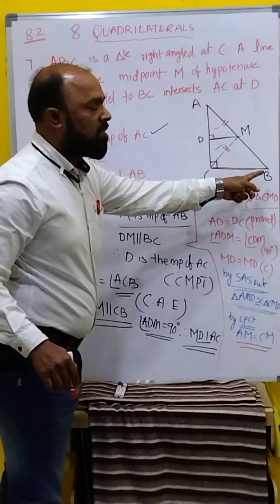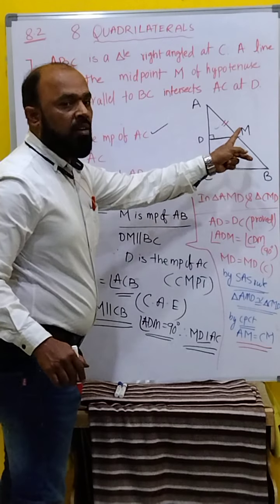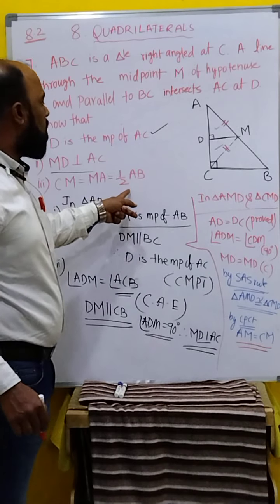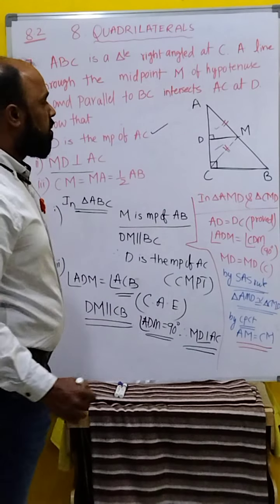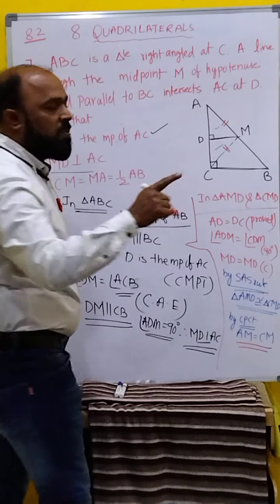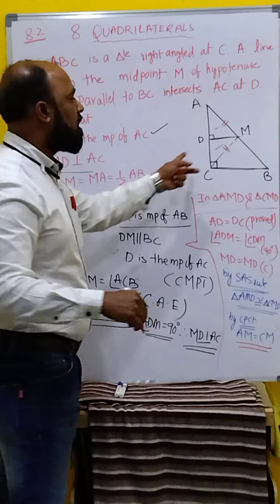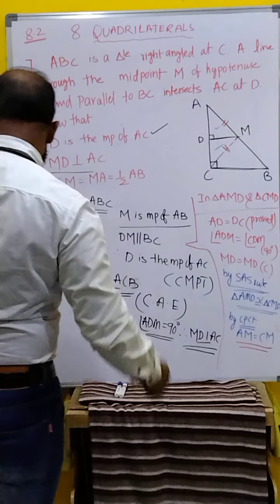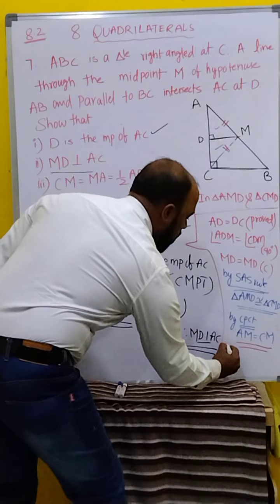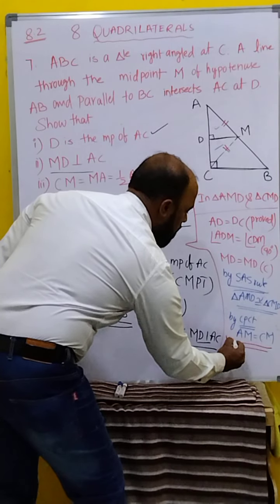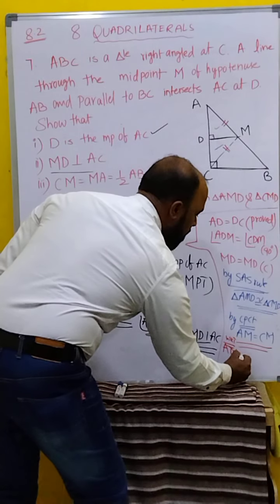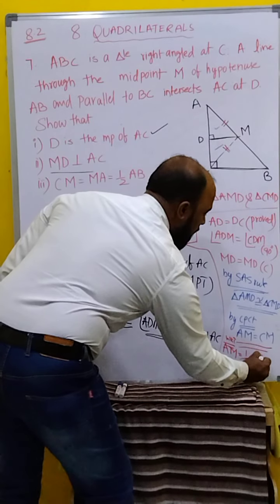We know that already AM is equal to BM. What is the reason? It is the midpoint. Clear? What do we have to prove finally? CM is equal to MA is equal to half of AB. We know that AM plus BM is equal to AB. We know that AM is equal to half of AB.